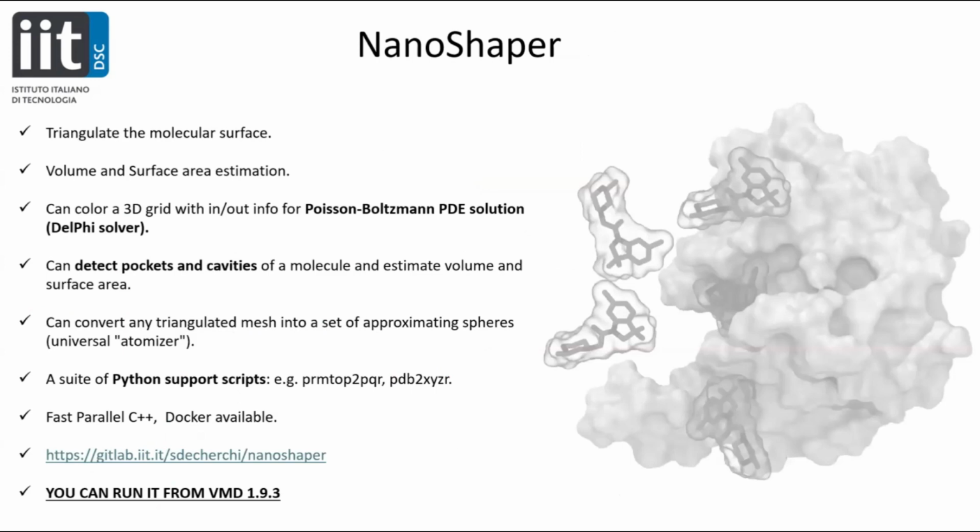So the first tool that we developed to do that is called NanoShaper. This is something which I coded several years ago now. And the idea of NanoShaper is that you deliver a PDB, which has the parameterization of the radii together with the positions, and it's able to triangulate the surface.